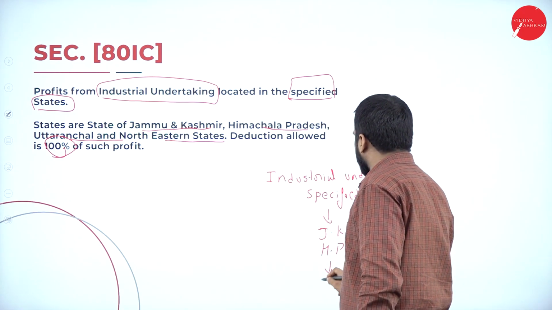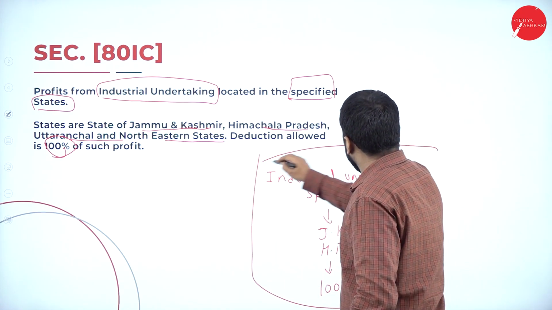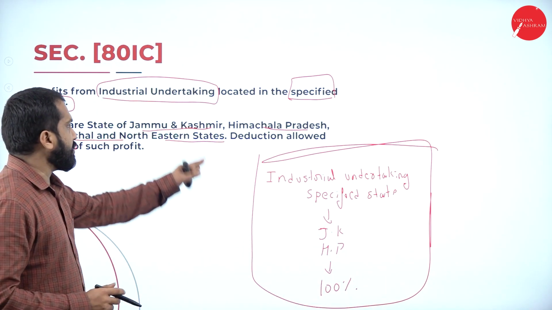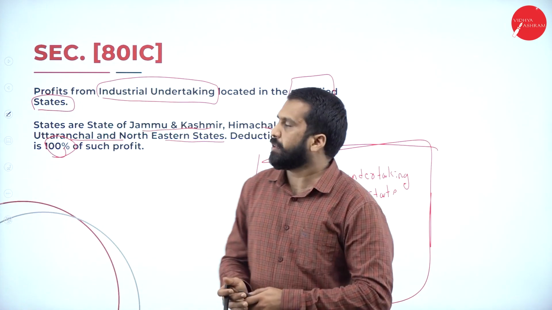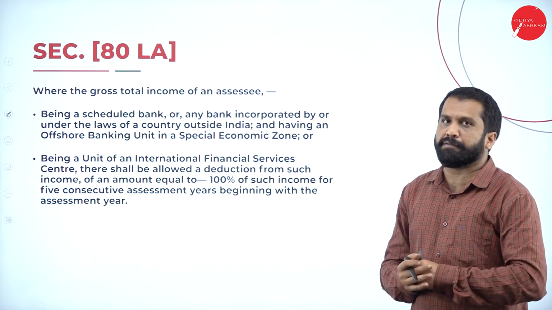What is the percentage? It is 100%. Remember this. Hope you are clear. No need of this box actually, because it is only 2 to 3 lines. You can easily remember. Now, these things are not much important, just for your reference.